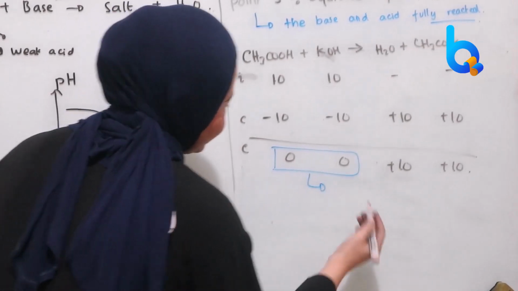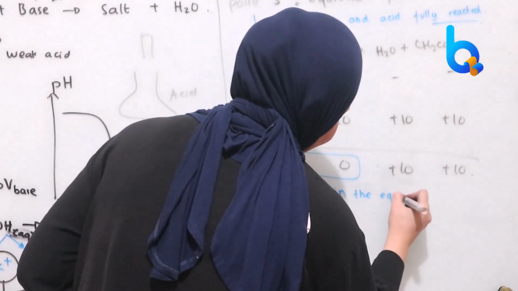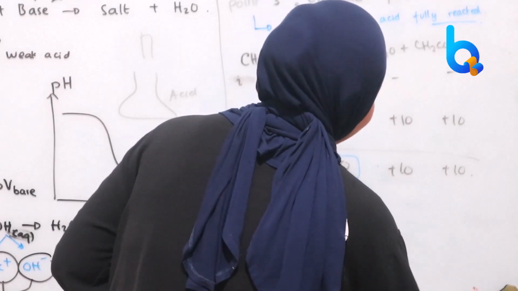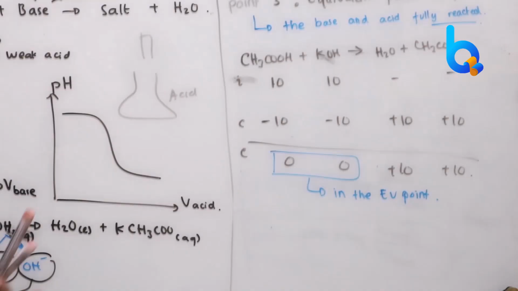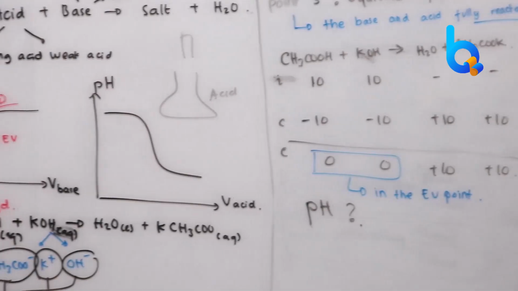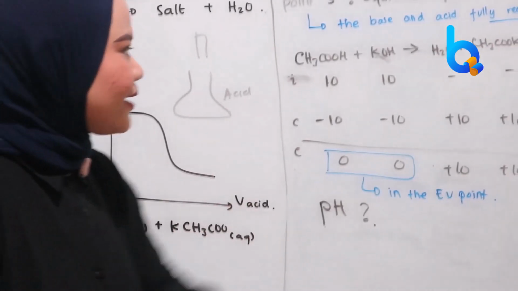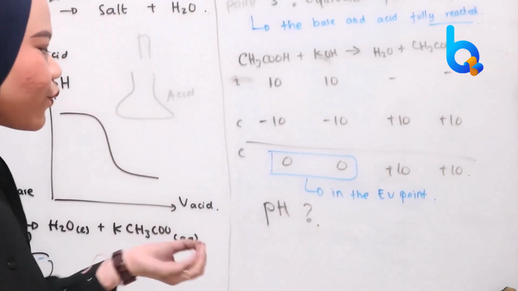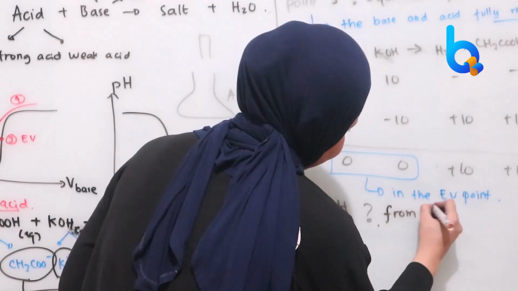This is the sign that we call the equivalence point. So how to calculate pH at this stage: we just have H2O and the salt. So the idea is to calculate pH from the salt.